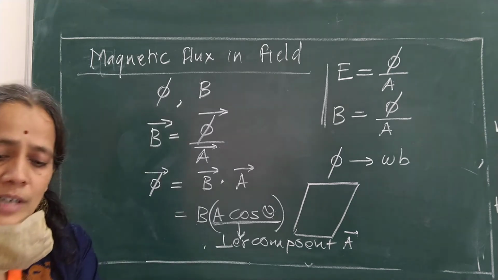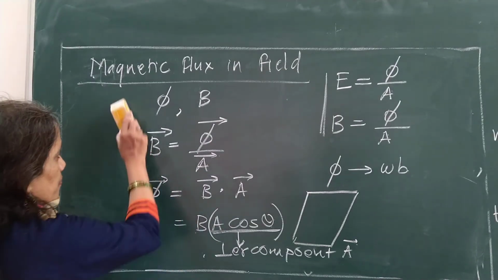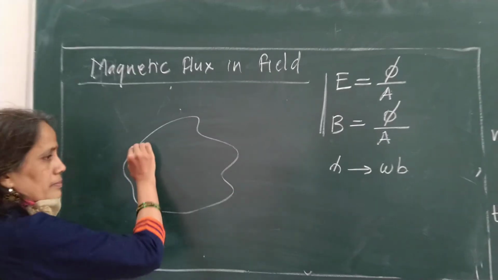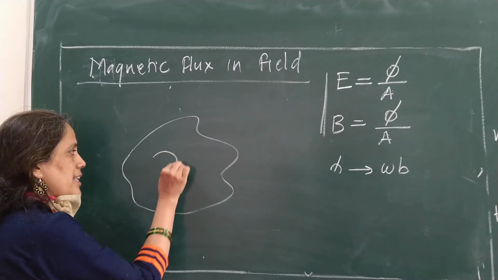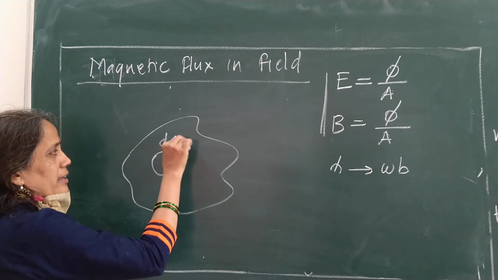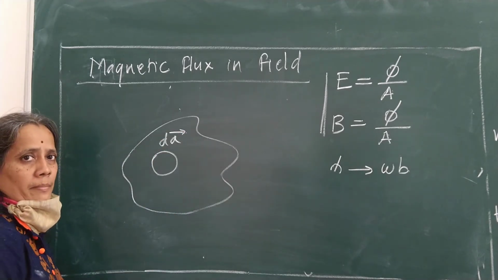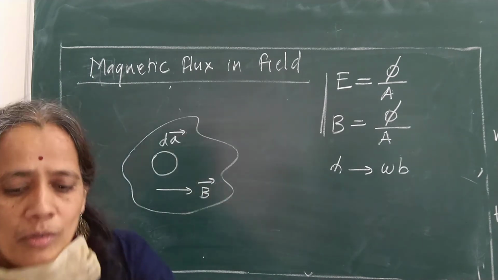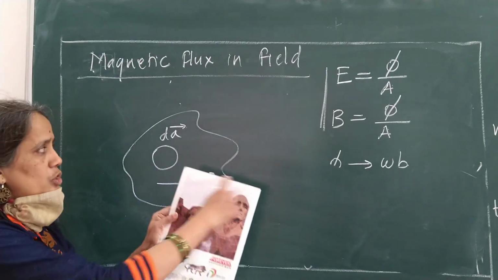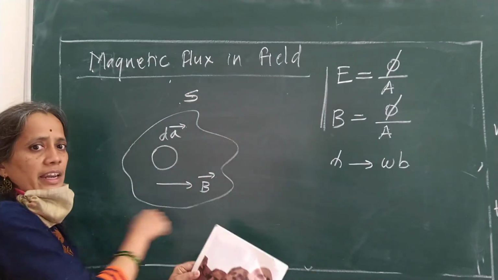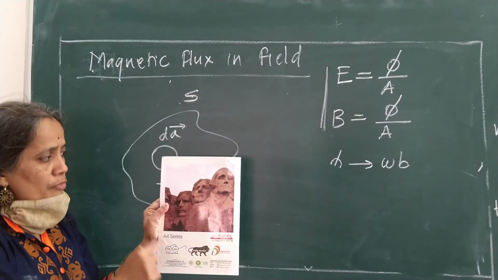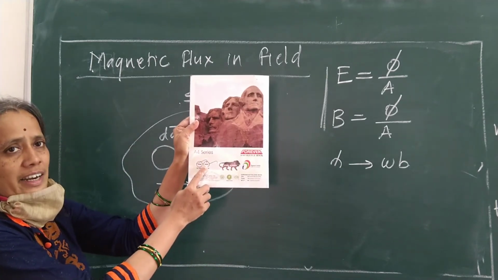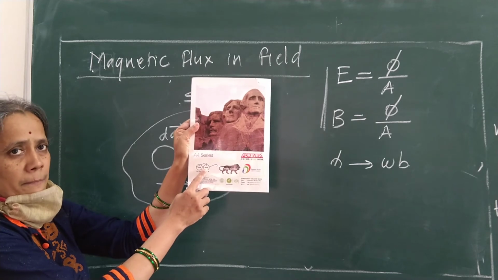Okay, now we can consider one small diagram. In that diagram, this is the surface. In that surface, I can select a small area dA. And here is your direction of magnetic field. This is an irregular surface area S. From that, I can select a small patch. Let's consider this circle I have selected as a small area, right?